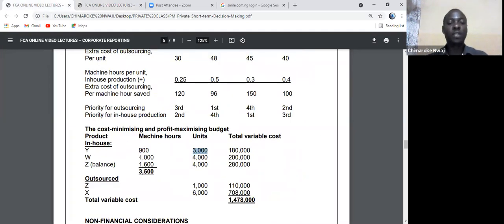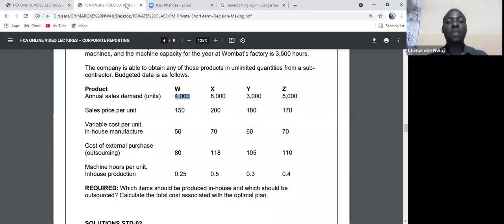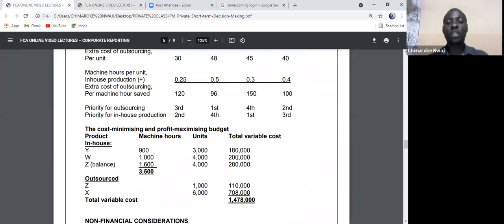You have 1,000 hours plus your 900, so you would have gotten 1,900, which is still less than 3,500. And so these 4,000 units will still be used. The variable cost here is 50. So 4,000 times 50 gives you 200,000, which is what we got here.